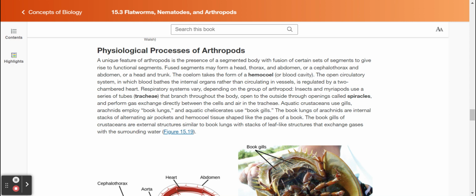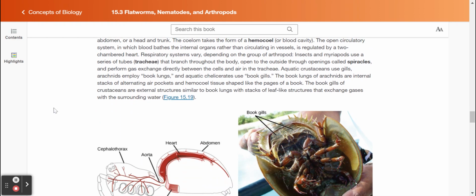Insects and myriapods use a series of tubes, trachea, that branch throughout the body, open to the outside through openings called spiracles, and perform gas exchange directly between the cells and the air in the trachea. Aquatic crustaceans use gills.